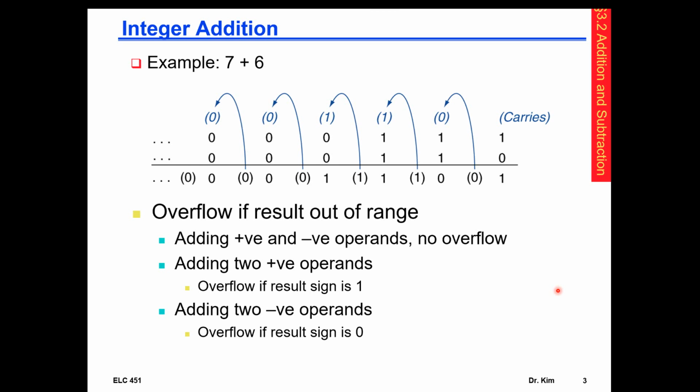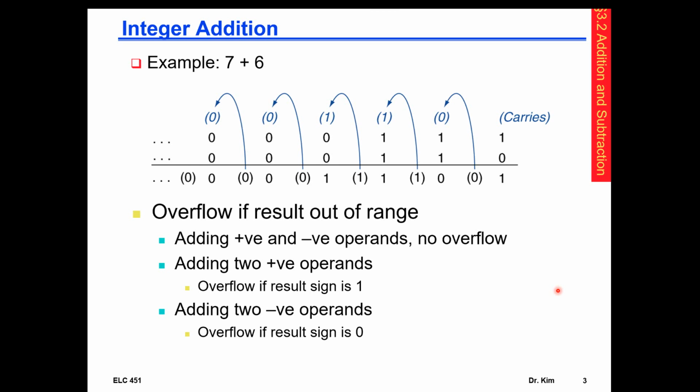However, when we are adding two positive numbers, the result can be larger than both the operands, and then we'll have an overflow. And if we are adding two negative numbers, we can have an overflow on the negative side.